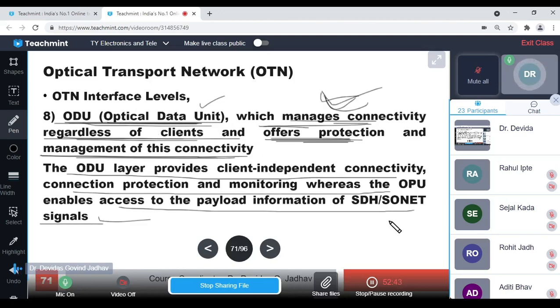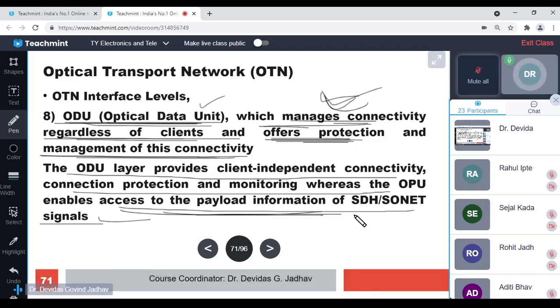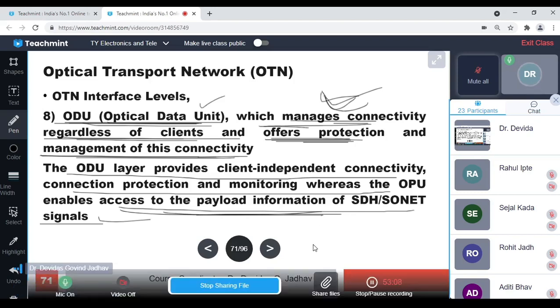So the OPU has access to the payload information. It enables access to the data payload coming over the network, which is matched for the particular application. It is looked after by the OPU, the optical payload unit, and the ODU is the optical data unit.